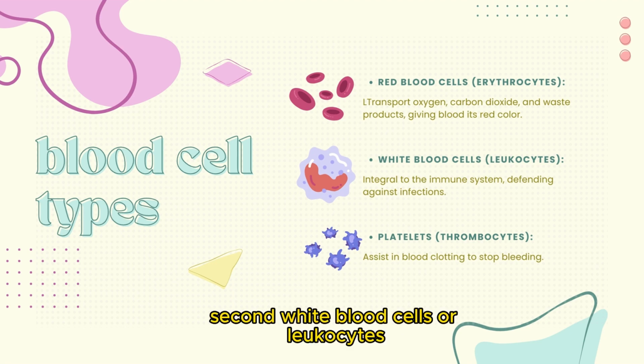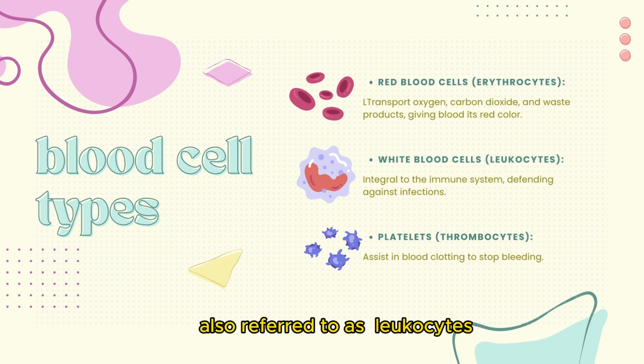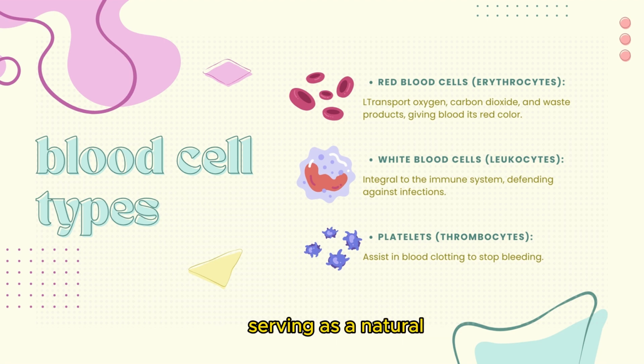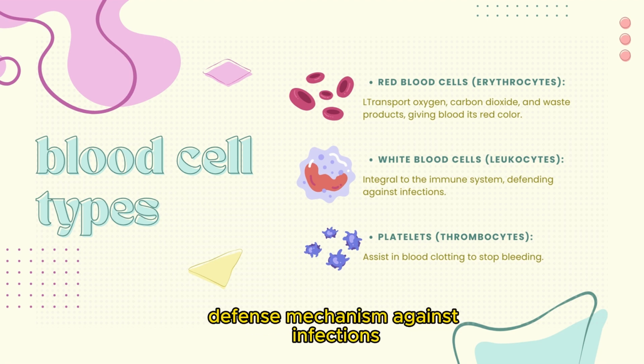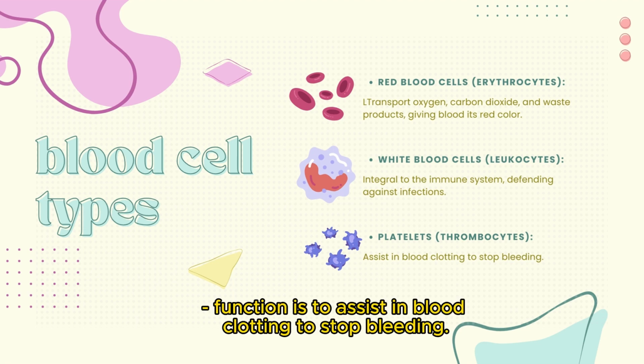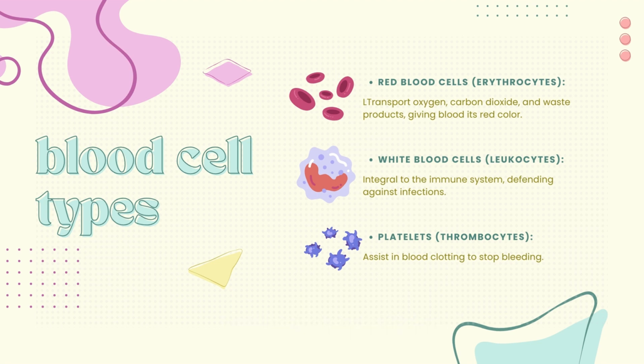Second, white blood cells are leukocytes. These are integral to the body's immune system, serving as a natural defense mechanism against infections. And the third, platelets are thrombocytes. Also called blood platelets, their primary function is to assist in blood clotting to stop bleeding.